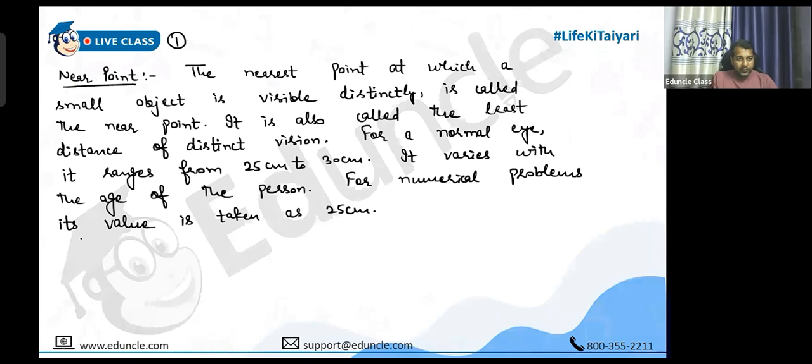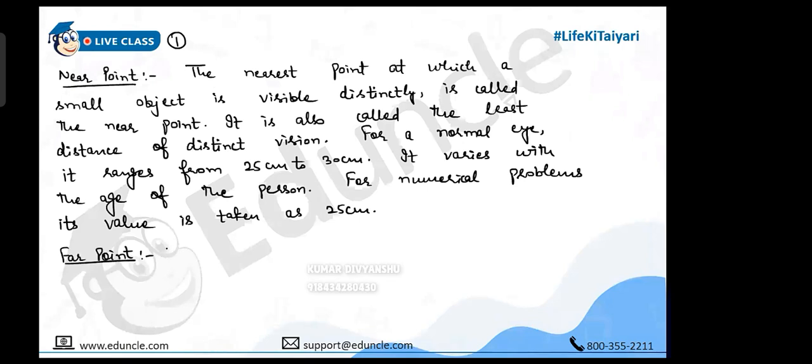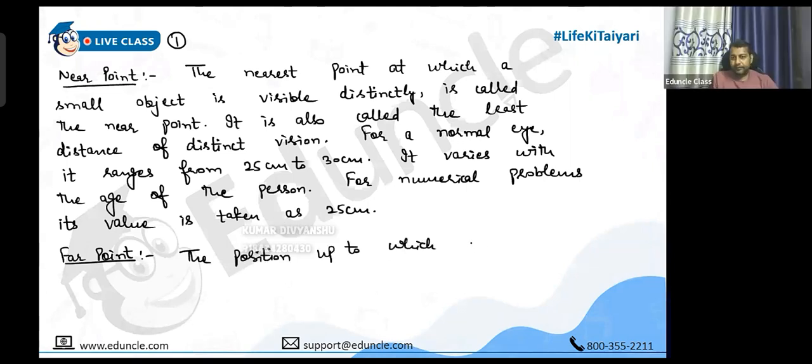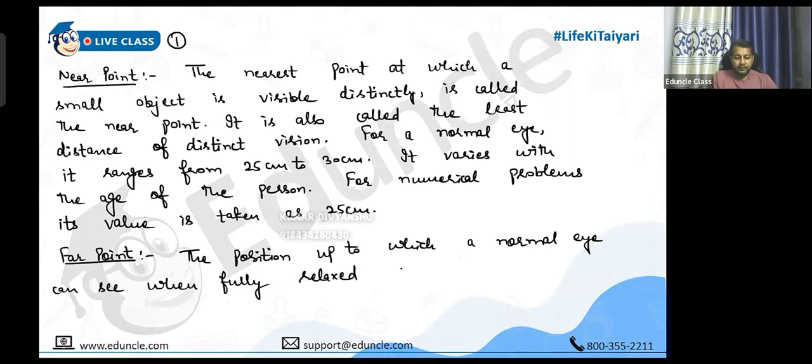What is the far point? Farthest distance at which a small object is seen distinctly. Yes. The position up to which, or the farthest point that is visible, when fully relaxed.